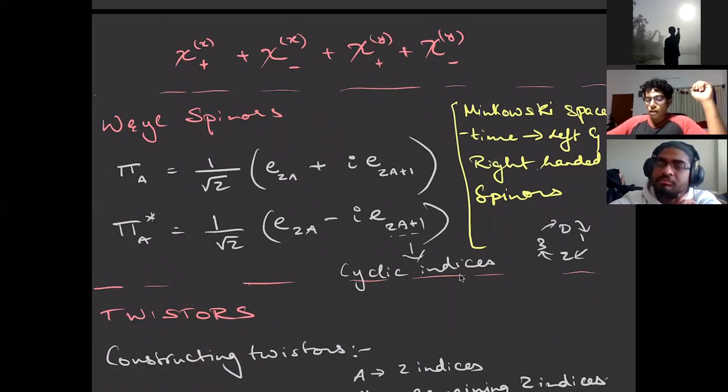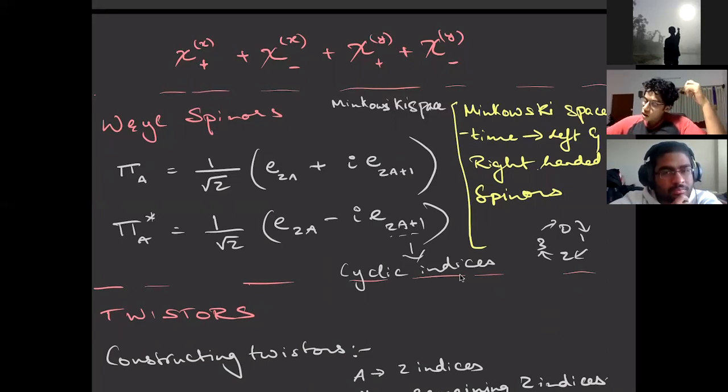So you have cyclic indices for vectors. Now to talk about Weyl spinors, this is in Minkowski space, which has four indices, and each one of them is cyclic, right?